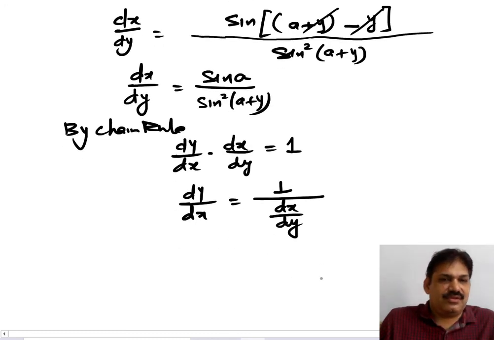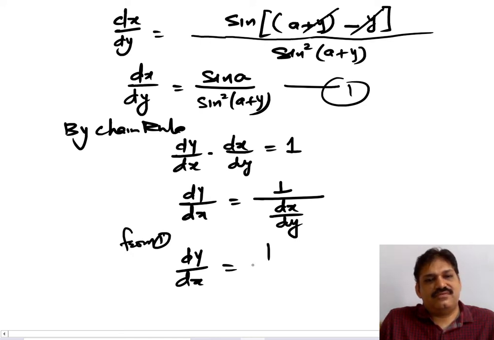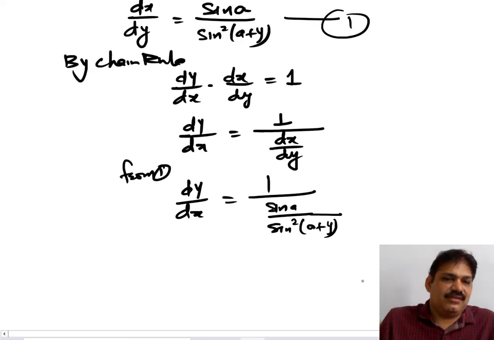So now we'll put the value from equation 1. This will give us 1 upon sin a divided by the square of sin(a + y). And that finally gives us the required answer.